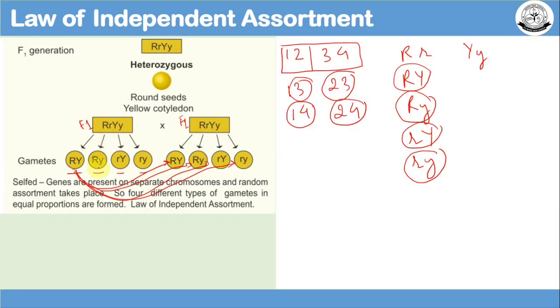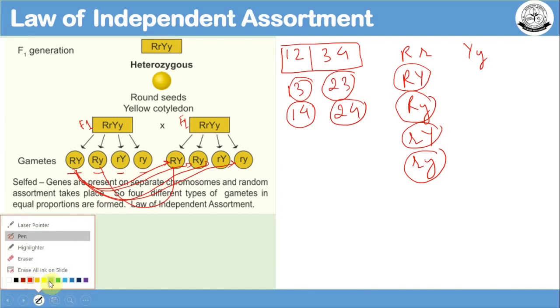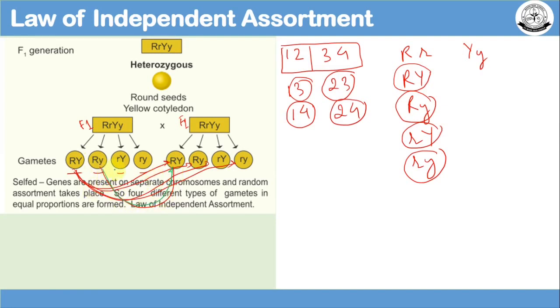So you can think about that. This one can go with this. Let me change the color. Okay, so this one can go with this, or this one with this. Okay, let's do it here, that will be easy.